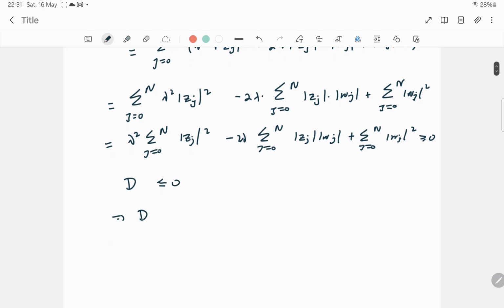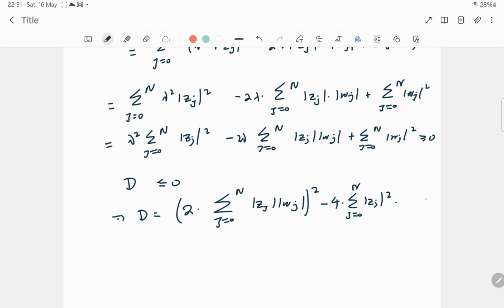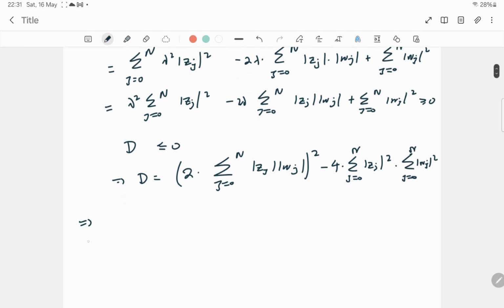The discriminant here is b squared, so it's going to be 2 times this quantity here, this term, raised to the power of 2 minus 4 times the summation from 0 to n of |zj|² times the summation from 0 to n of |wj|². Okay, let me write it underneath.